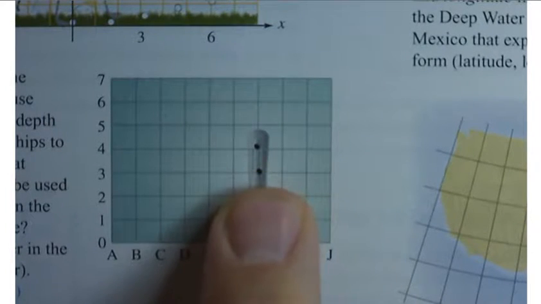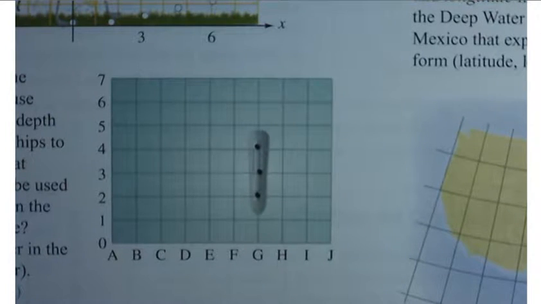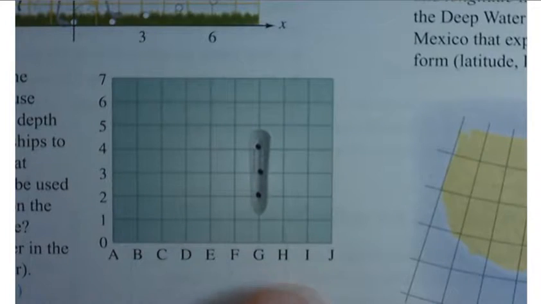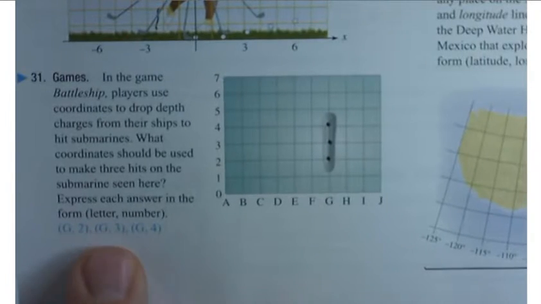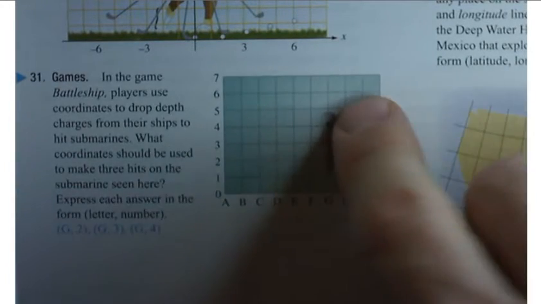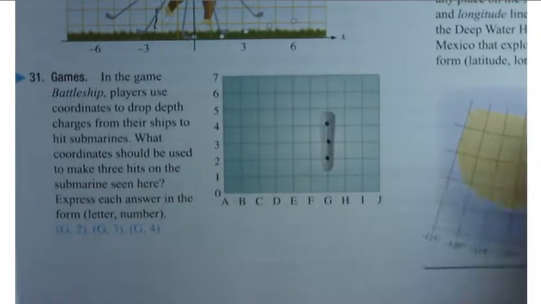G4, G3, G2. Good. And I like the order that you gave those to me. You have the X coordinate, then the Y coordinate. So we can zoom out a little bit now. G2, G3, and G4. This is a nice update from the old book. The old book had a submarine going sideways, which would be like cheating, right? Can't do that.